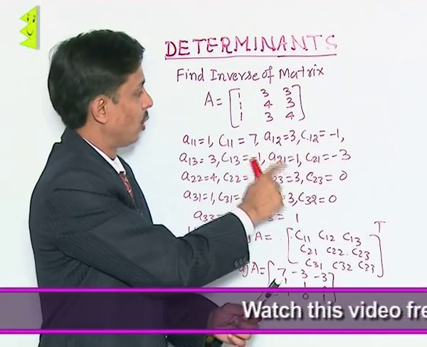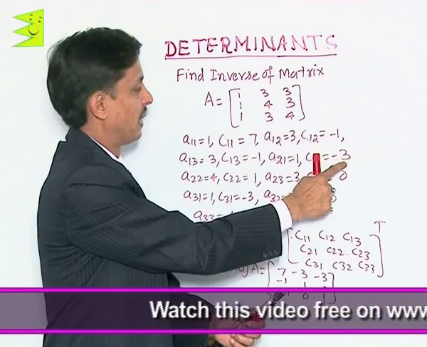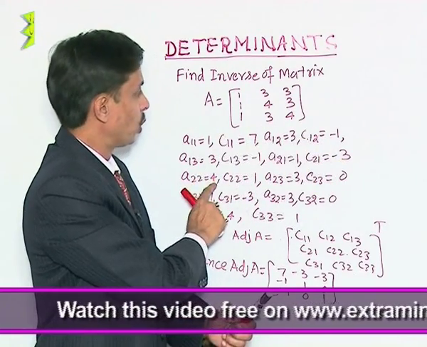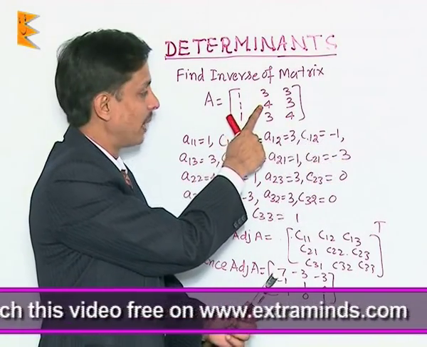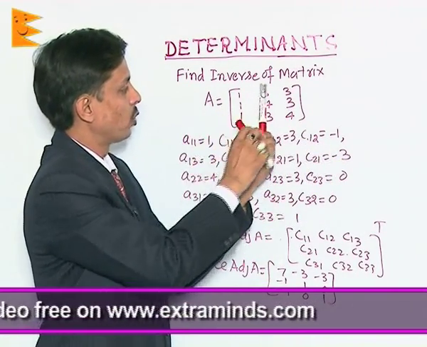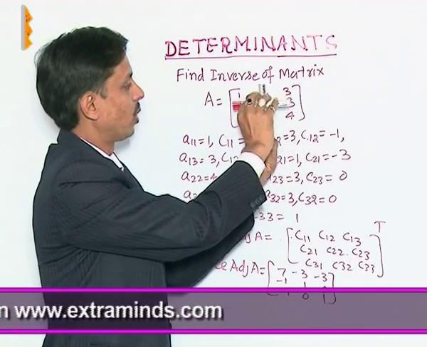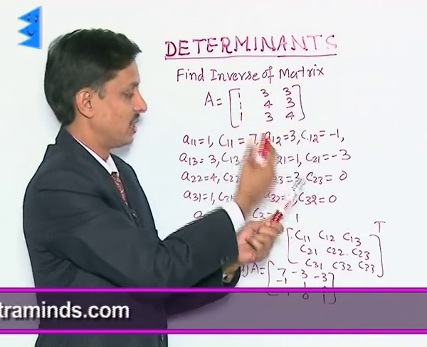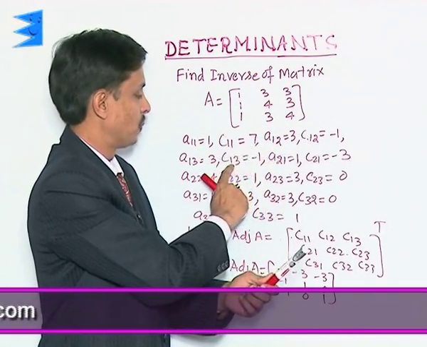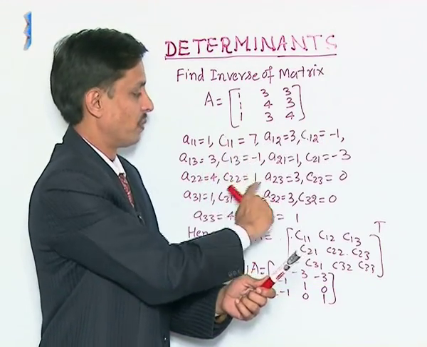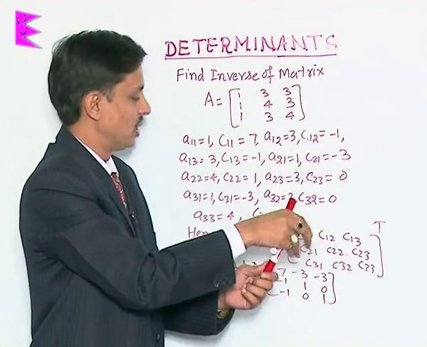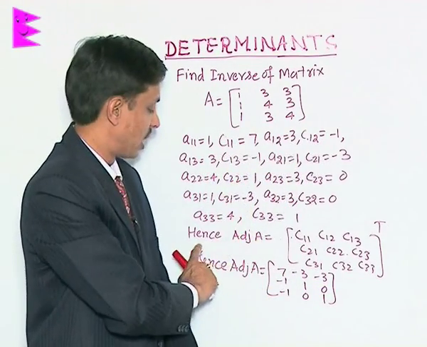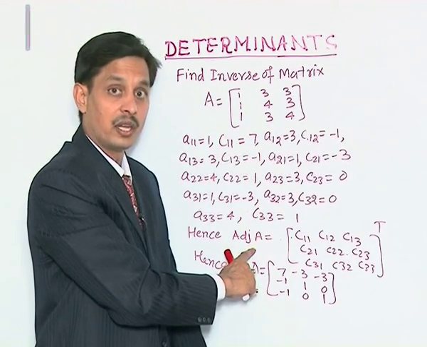A21, second row, first column, is 1, and its cofactor is minus 3. A22, second row, second column, the element is 4. To obtain its cofactor, the second row and second column will be hidden. 1 times 4 minus 3, that is 1, will remain the same because the position sum is 4. So I have obtained all these cofactors for each element.